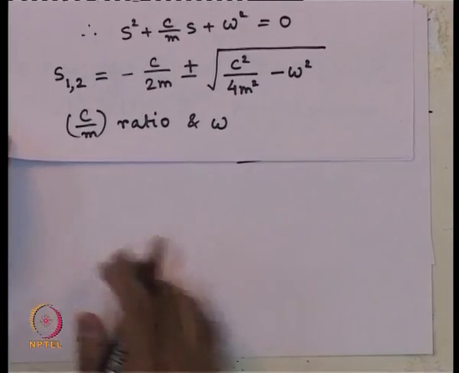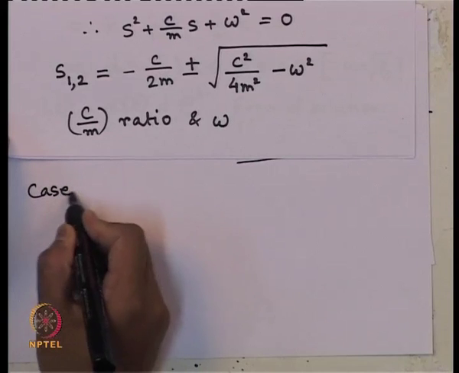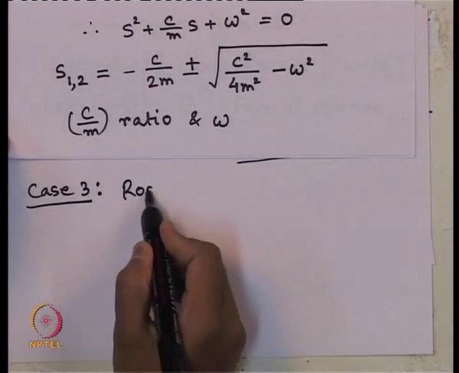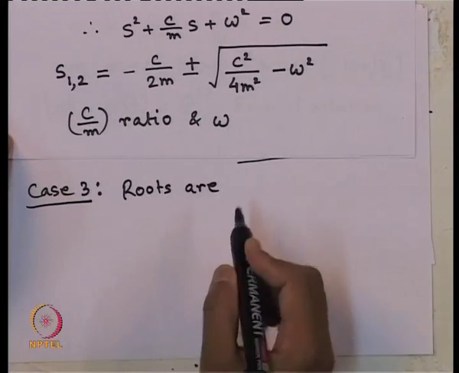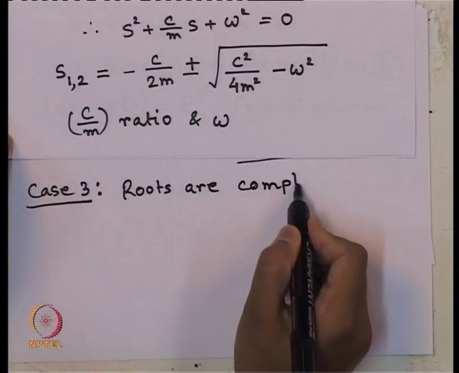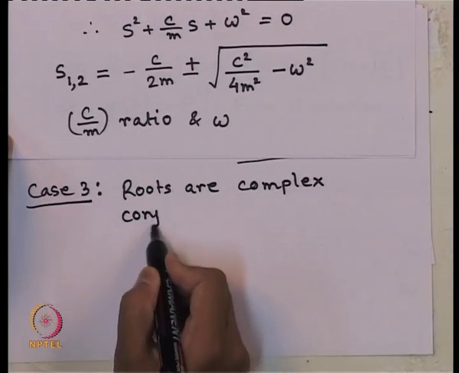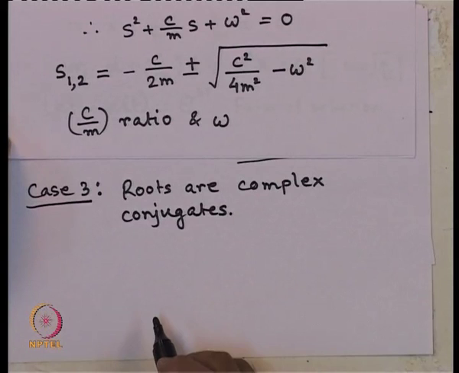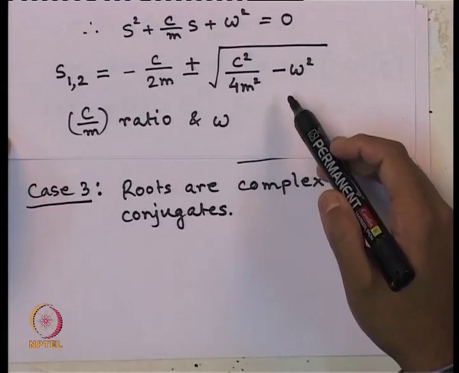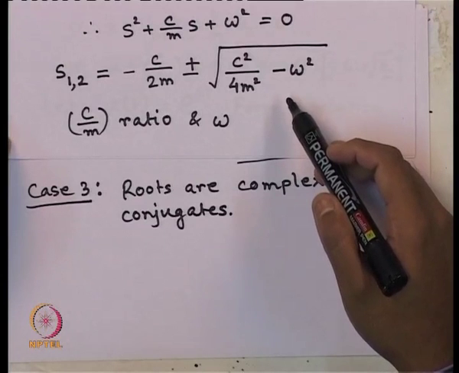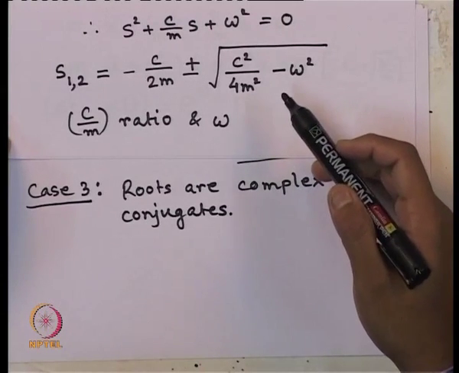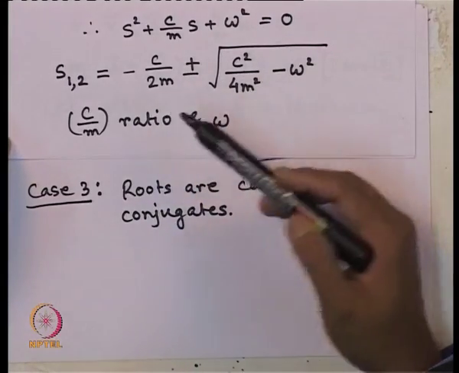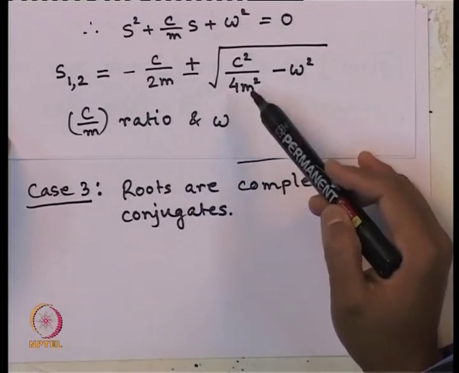Now, let us see what is the third case. Case 3 can be: roots are complex conjugates. When will it occur? When this under root term is negative, then we will get a complex solution: minus c by 2m plus that complex number, and the other root will be minus c by 2m minus that complex number.